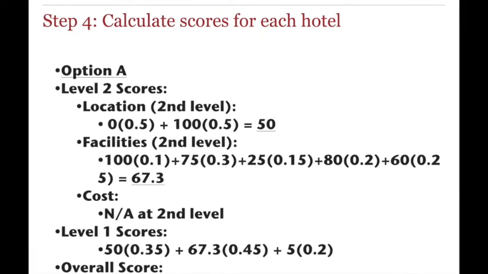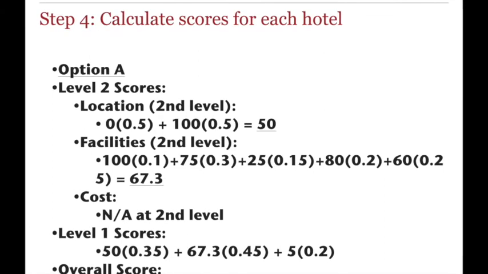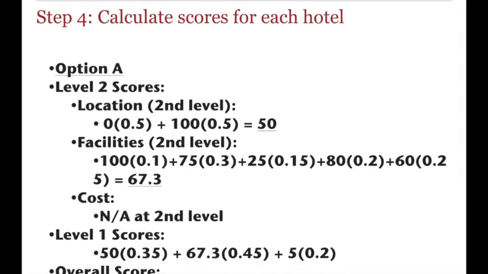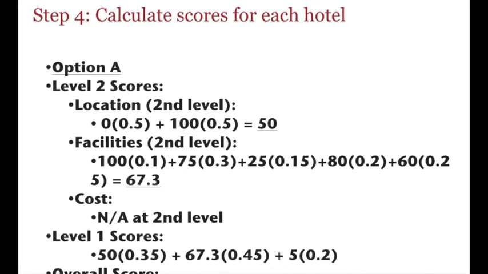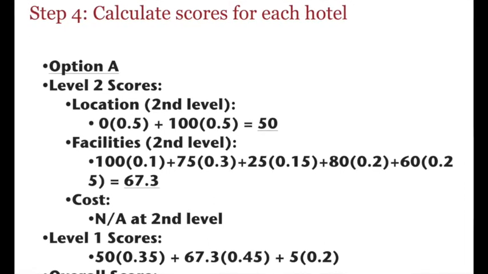And because each of those criteria was weighted at 0.5, it's 0 times 0.5 plus 100 times 0.5. So the overall score for location for option A is 50.